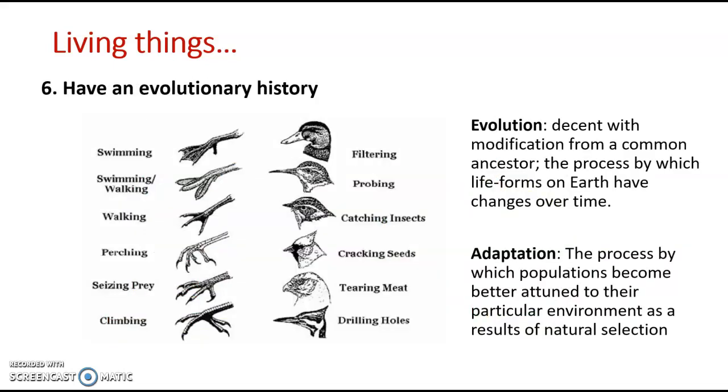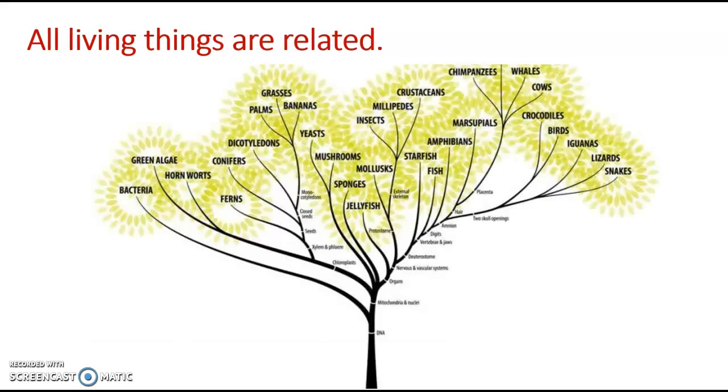Living things all also have an evolutionary history. So we'll talk about evolution in a lot more detail in this semester, but the takeaway here is that if it's a living thing, it's related to all of the other living things in some way. And we'll see where humans fit into that grand scheme. That's one of the last things that we study.